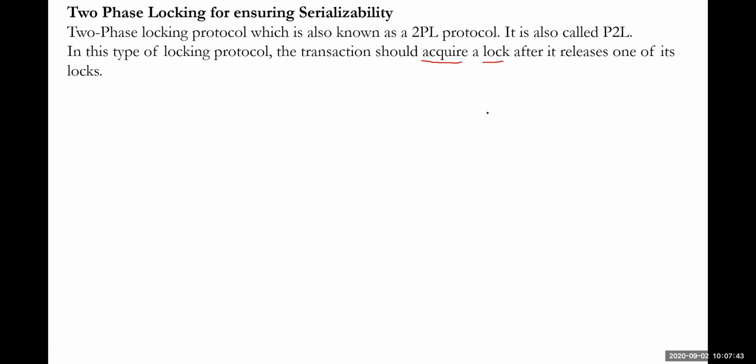Let us say A is one item which you are interested in reading from the database, B is another item, C is another item, and D is another item. For example, four items are there with me. I'd like to process these four items through the database.